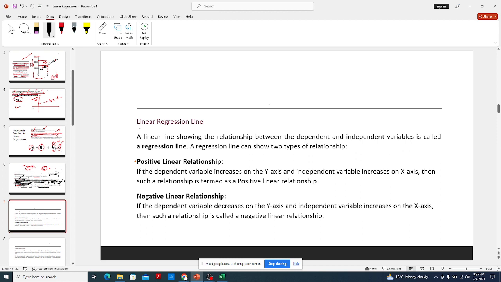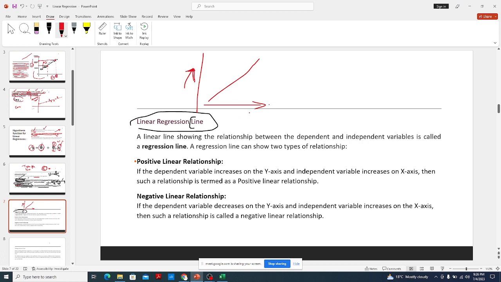Now, when it comes to the linear regression line, we can have two types. It can be a positive regression, meaning an increase in the independent variable triggers an increase in our dependent variable.